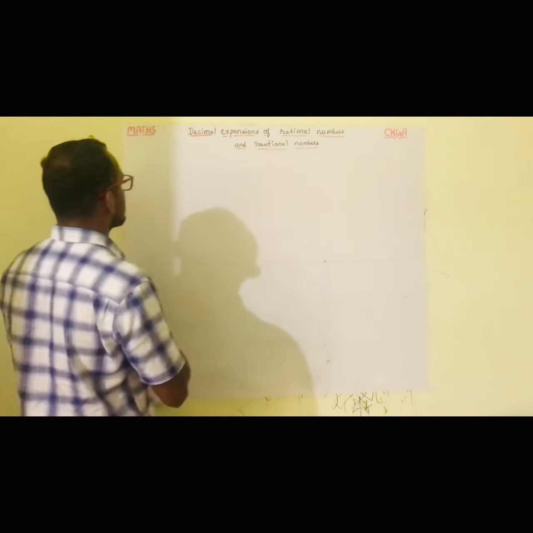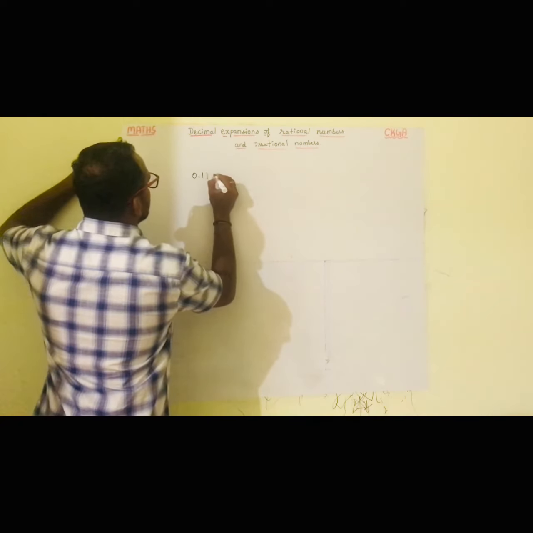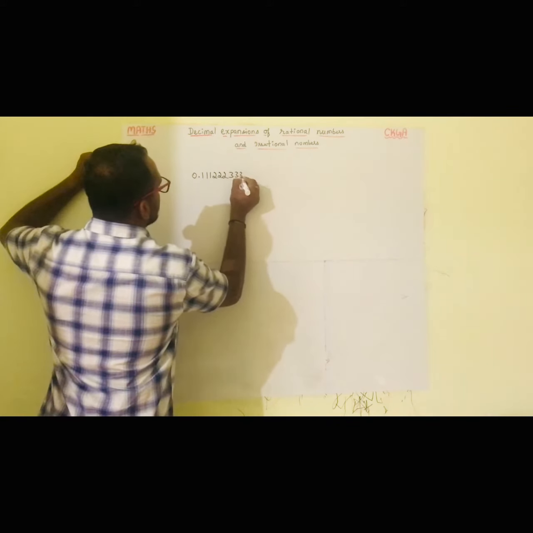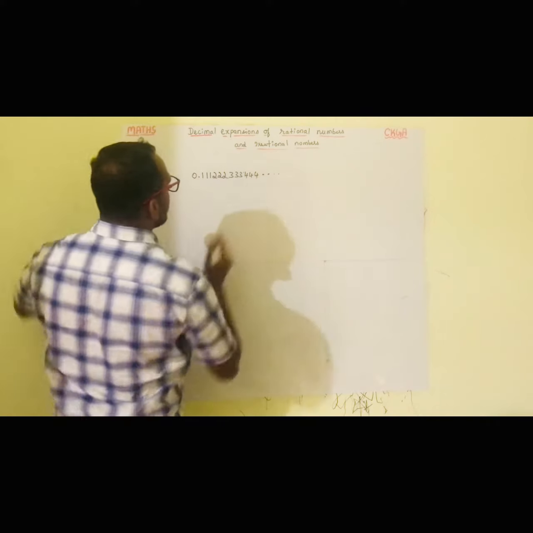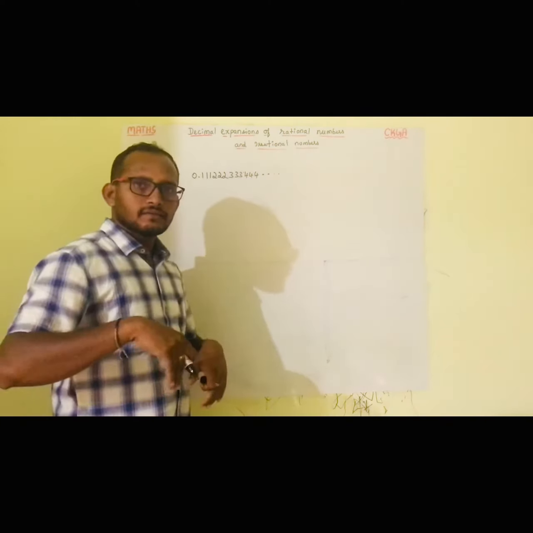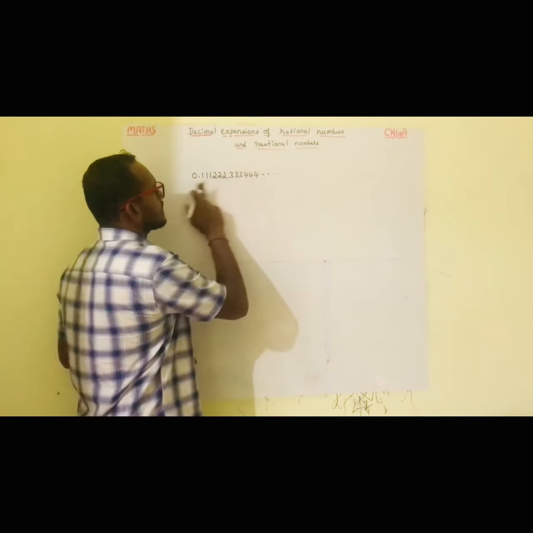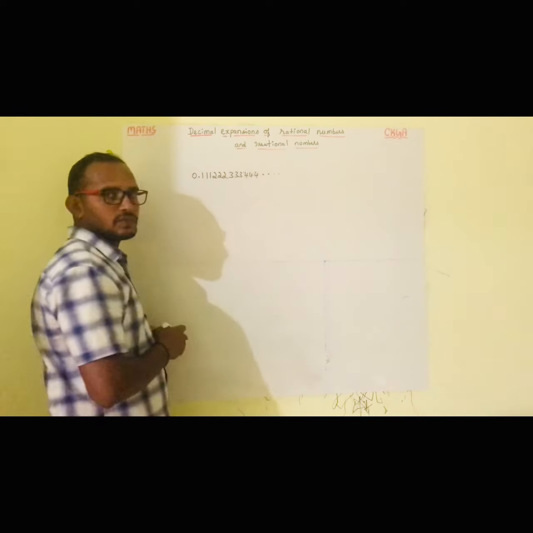I'll write some examples for you. 0.1, 1, 1, 2, 2, 2, 3, 3, 3, 4, 4, 4. Look at this one. These numbers don't terminate, and they don't repeat as a block either. These are examples of decimal expansions of irrational numbers.